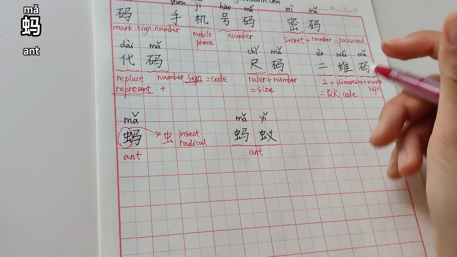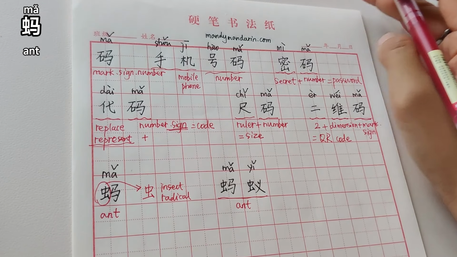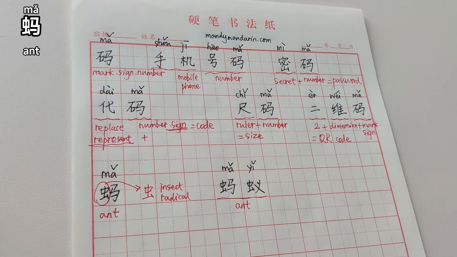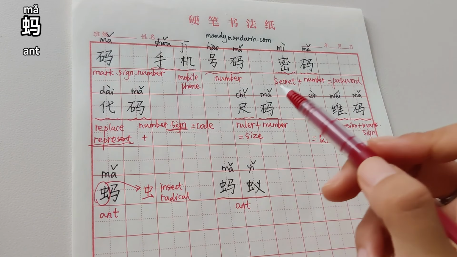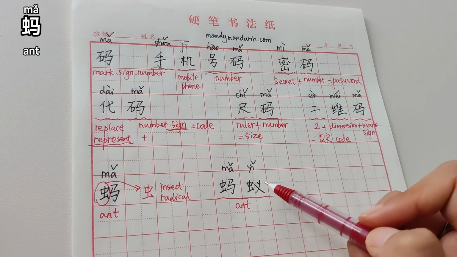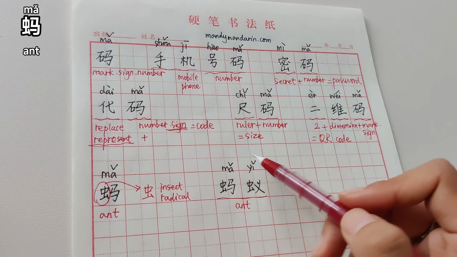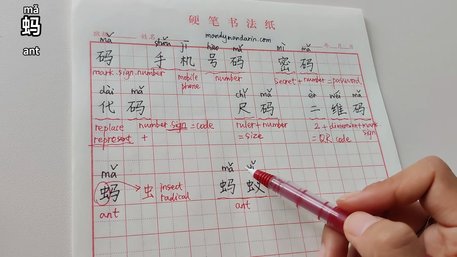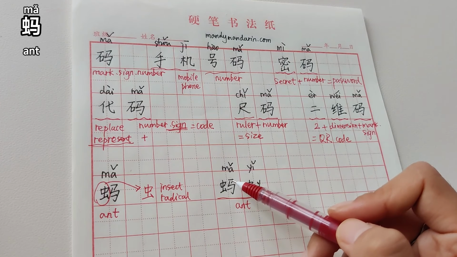Ant. Oh, and here's a little trick about the tone. I believe a lot of you have already noticed, but I just want to remind you. When you have two third-toned words together, like 尺码, ma yi, it's kind of difficult to pronounce them, right? Because you have to kind of stop. Ma yi.